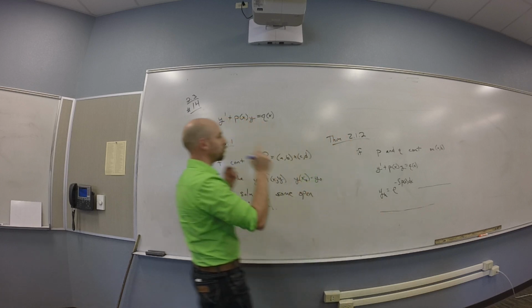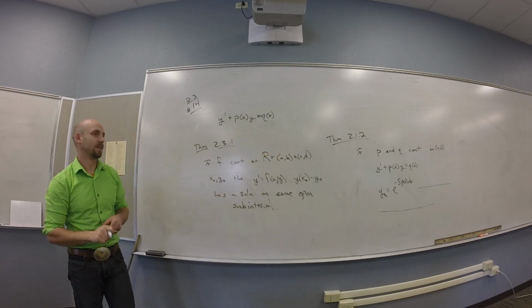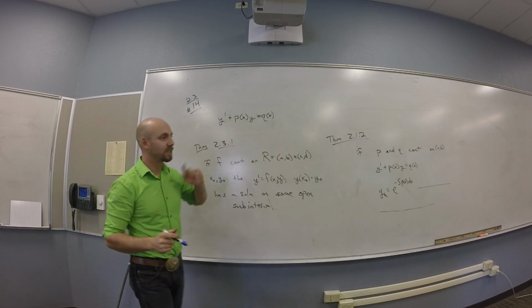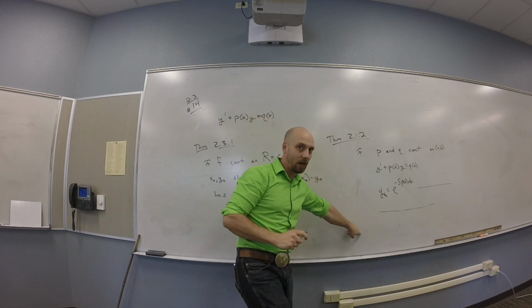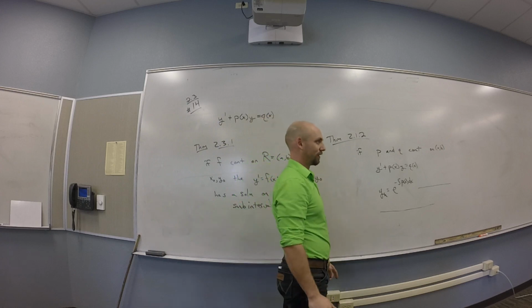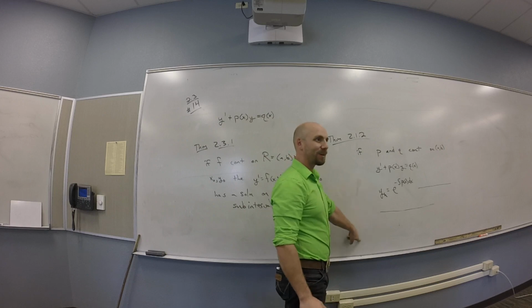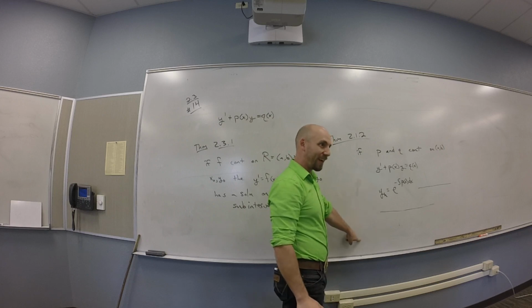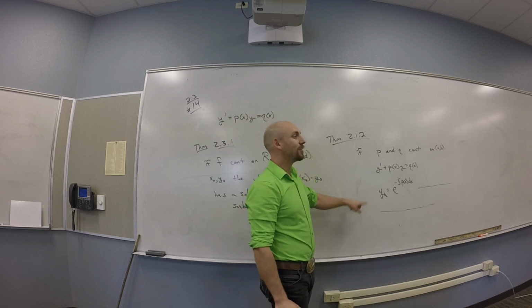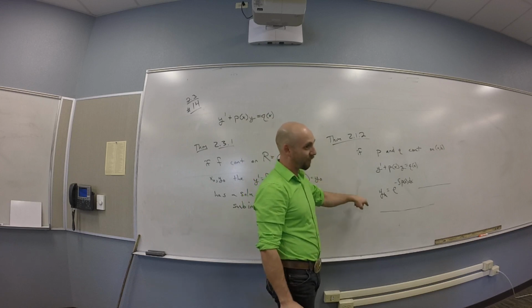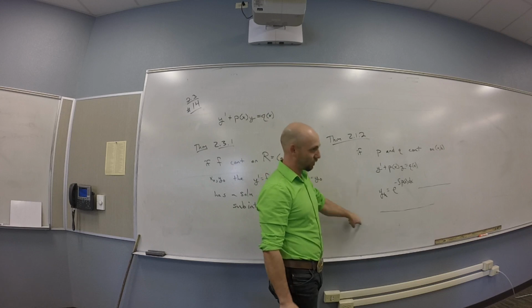So what is the difference between that thing and this thing? This one gives you a solution, right? This one tells you, just do this stuff and you'll get a solution.